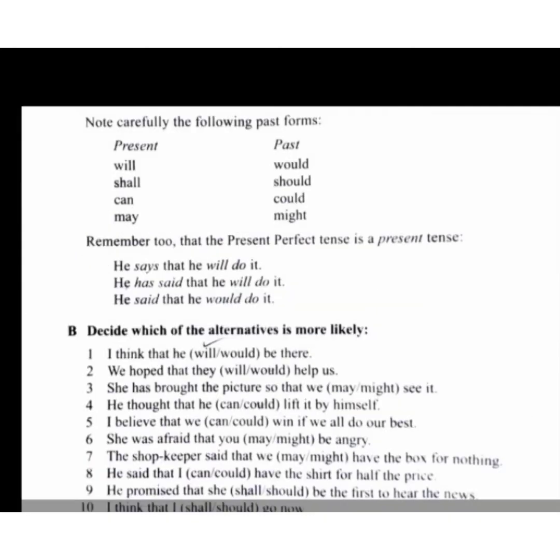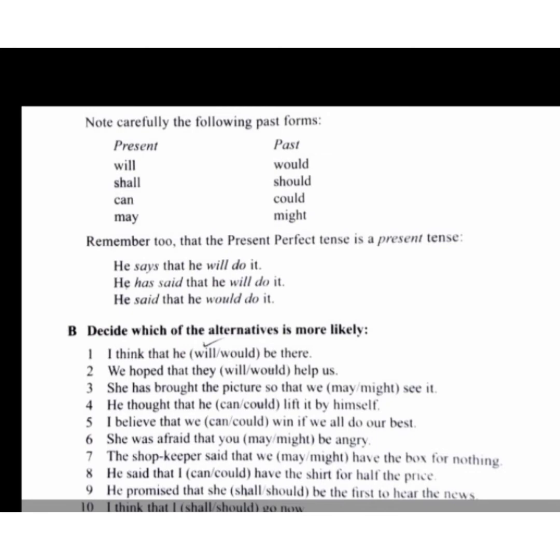Now, on the same page, page number 170, you can see present and past forms of the auxiliary verbs given here. The present forms are will, shall, can, may, and the past forms are would, should, could, might. Okay.